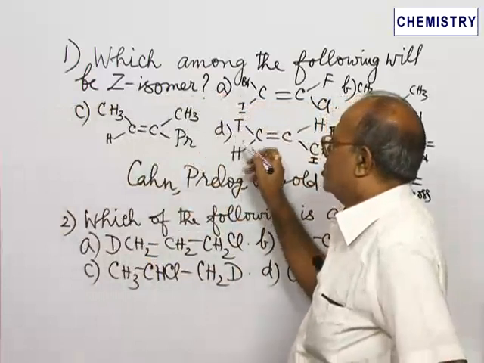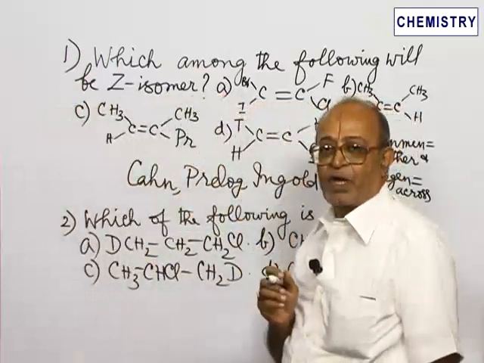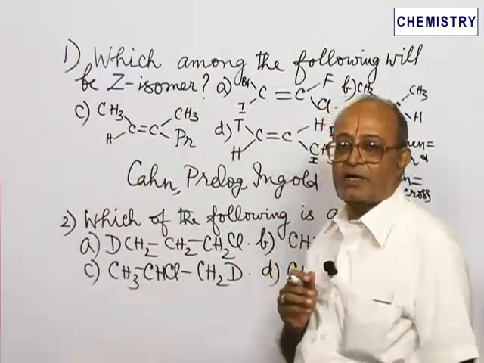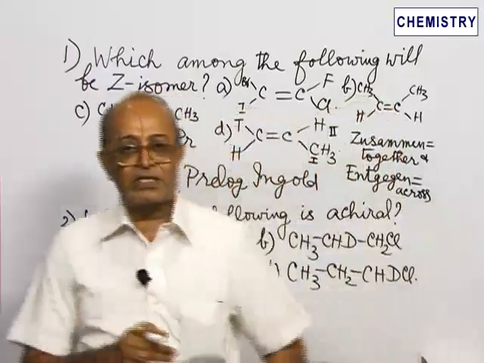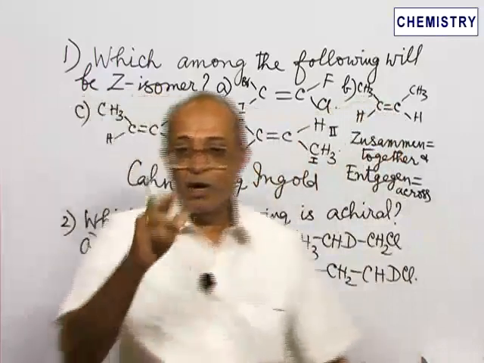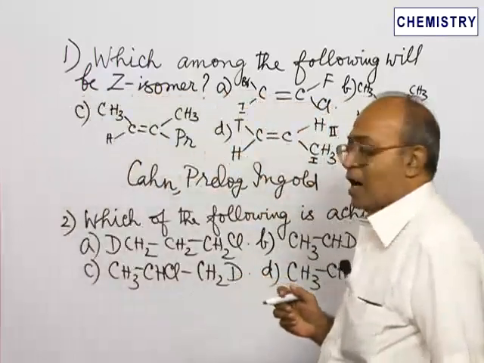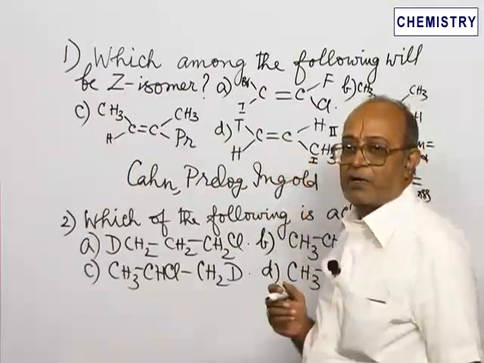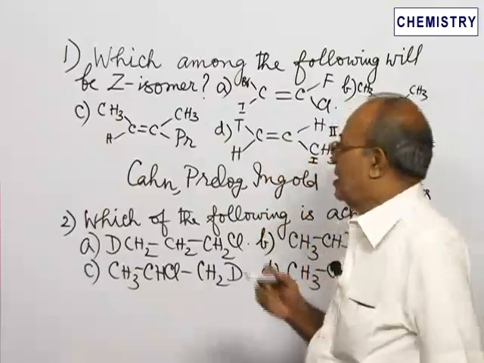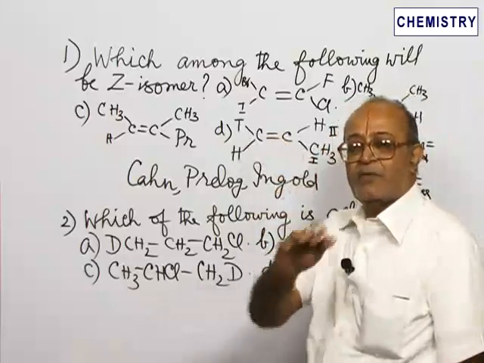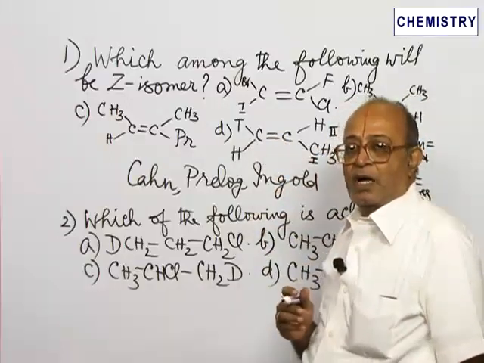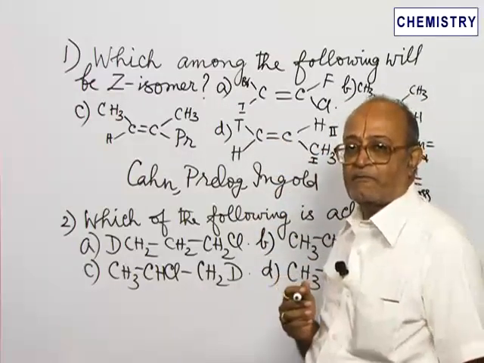So, hydrogen and tritium will have the same atomic number. The question now arises is, according to the sequence rule, higher atomic number is to be given priority, but here both tritium and hydrogen have the same atomic number 1. So, how to assign priority?